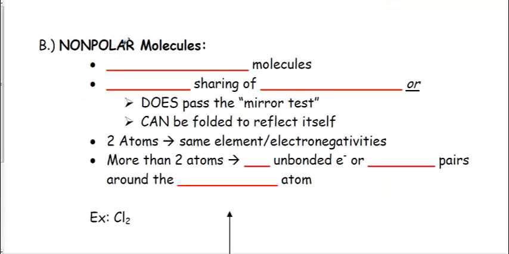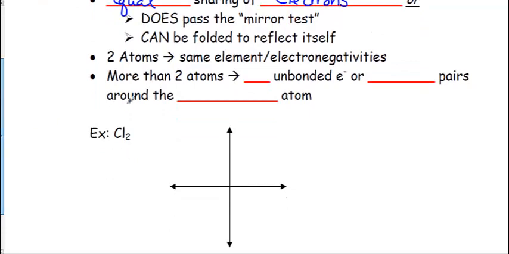So here are nonpolar molecules, and these are molecules that are symmetrical. There is an equal sharing of electrons, or it does pass the mirror test and it can be folded to reflect itself. So two atoms, generally the same element and the same electronegativities, so that shows that there's no electronegativity difference.